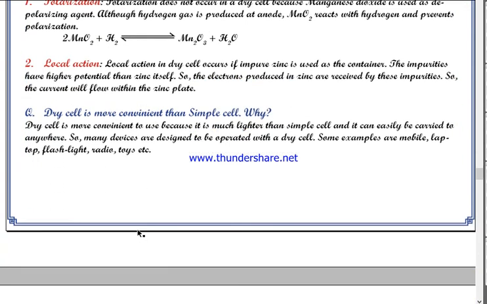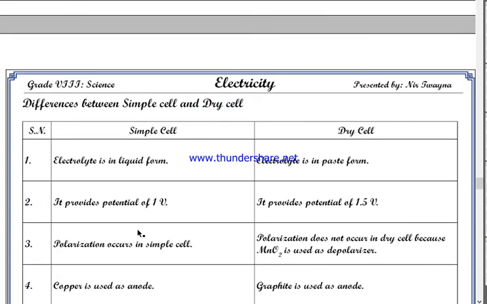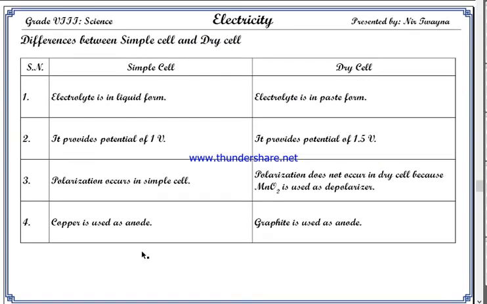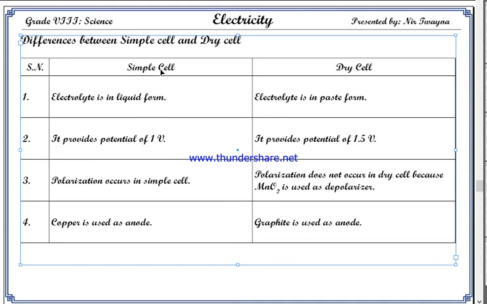Well, any confusion up to here? Now I hope you can easily give the differences between simple cell and dry cell. First difference is that the electrolyte is in liquid form in simple cell, whereas it is in paste form in dry cell. Next, simple cell provides a potential of 1 volt only, but dry cell provides 1.5 volt, so dry cell produces higher potential.